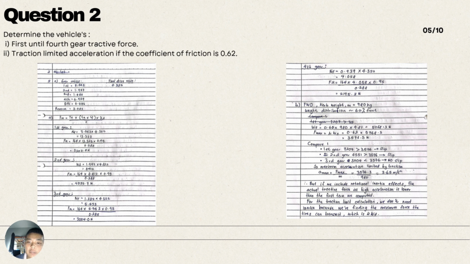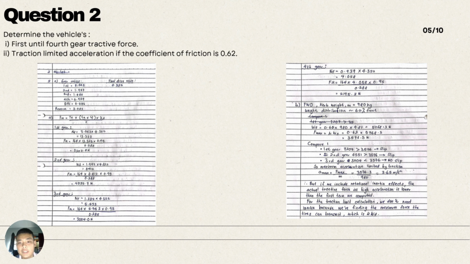So for the answer to question 2, part 2i: for the FWD, the curb mass M is 980 kilograms. Weight distribution is 60% in front. So WF is equal to 0.6 times 980 times 9.81 equals 5,768.3 Newton.